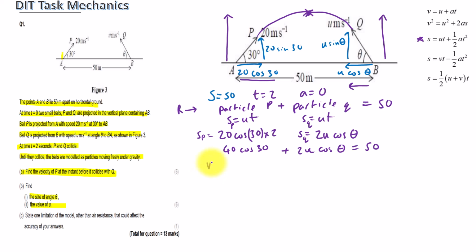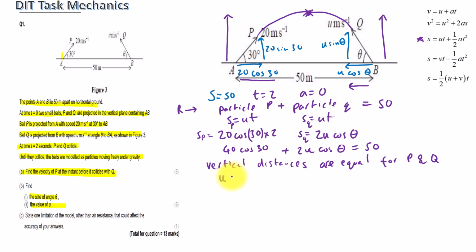So you get a method mark for writing vertical distances are equal for particle P and Q. Now how do we find vertical distance?